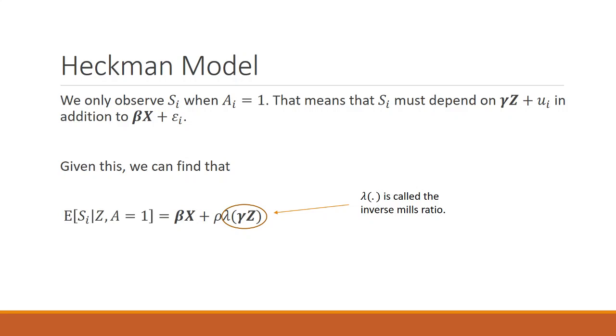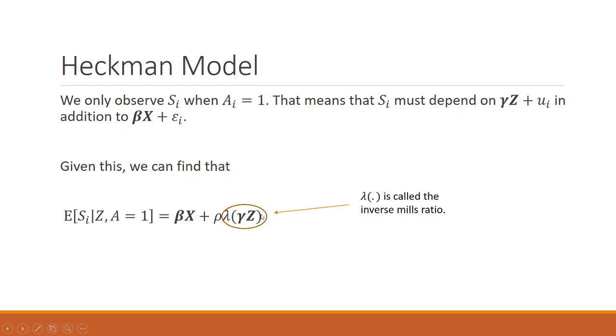Like I said, in chapter 17 the book goes through some derivations in detail. I'm just going to give the intuition in the lecture. Basically, given this, the expected value, the average savings value, conditional on z and conditional on having a savings account, is going to be a function of the independent variables, the beta x's, but it's also going to be a function of this term, lambda of gamma z.